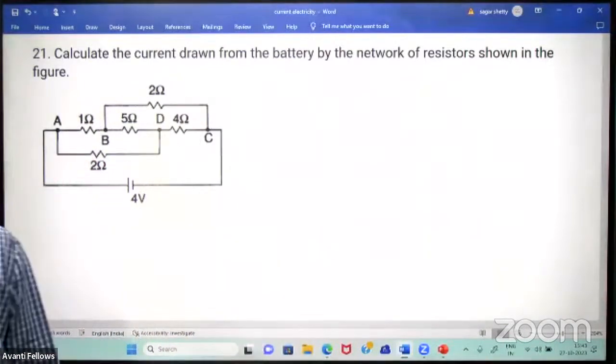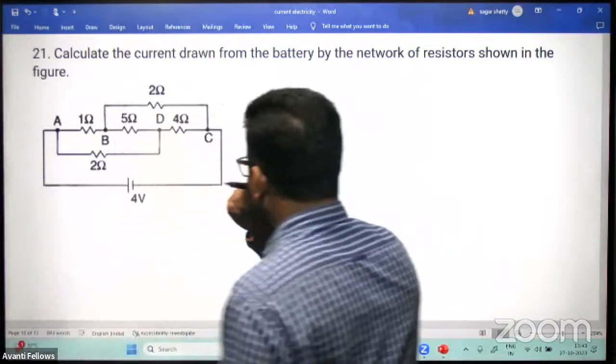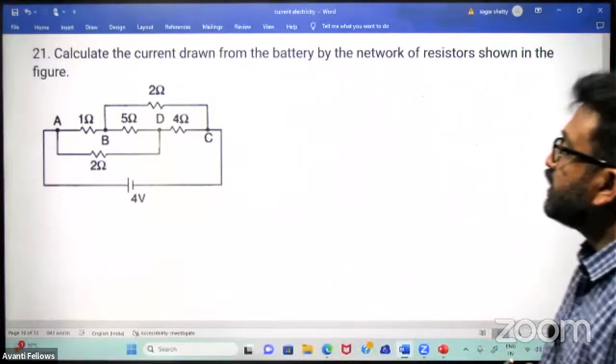Just see the diagram and try to recollect any idea. This is a typical figure. Most of the time it appears in the examination.